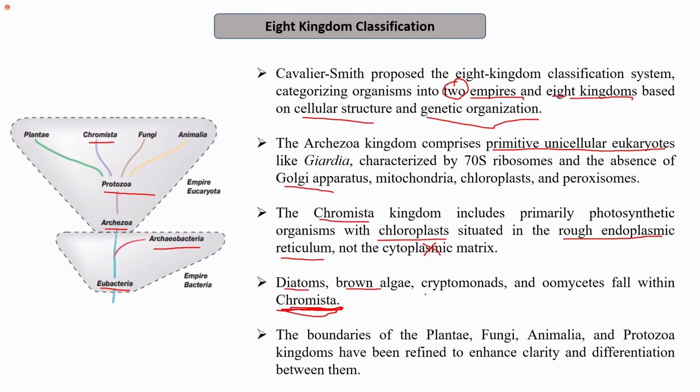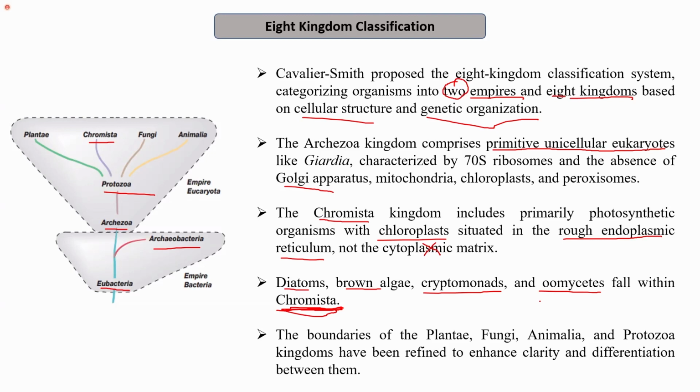Diatoms, brown algae, cryptomoniads, and oomycetes, those photosynthetic protista, were now placed into the kingdom Chromista. And based on this, the boundaries of the kingdoms Plantae, Fungi, Animalia, and Protozoa have been refined to enhance the clarity and differentiation between them.